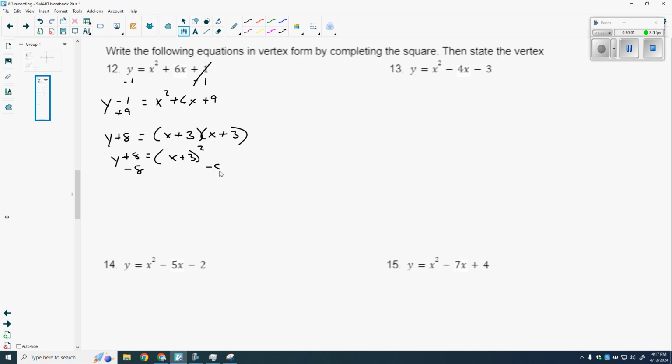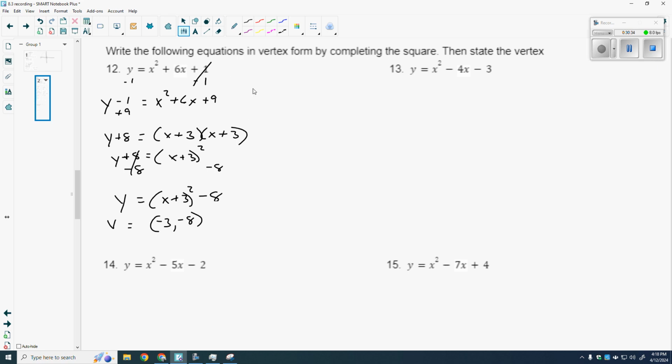Move the 8 back across, and I get y equals x plus 3 squared minus 8. Now, you should be able to look at that and see the vertex. This makes my graph go left, so my vertex is a negative 3. That makes my graph go down, so my vertex is a negative 8. It is always the opposite for the x, the same for the y, and that's my vertex.